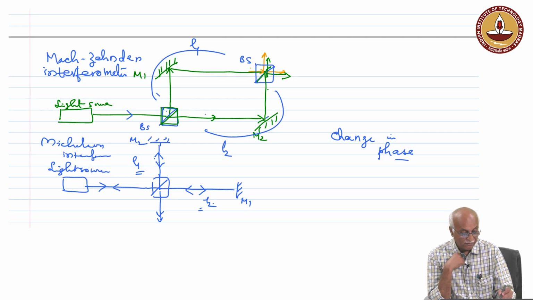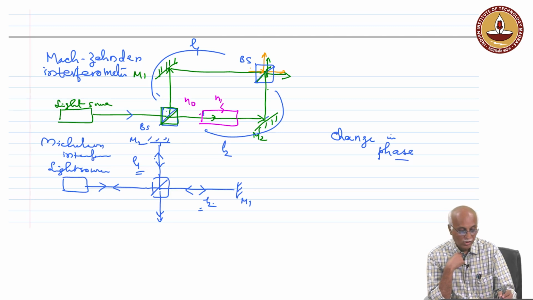However, let us say light is travelling through this arm through a particular medium whose refractive index is different. So, there is a change in refractive index as compared to N0 all around.